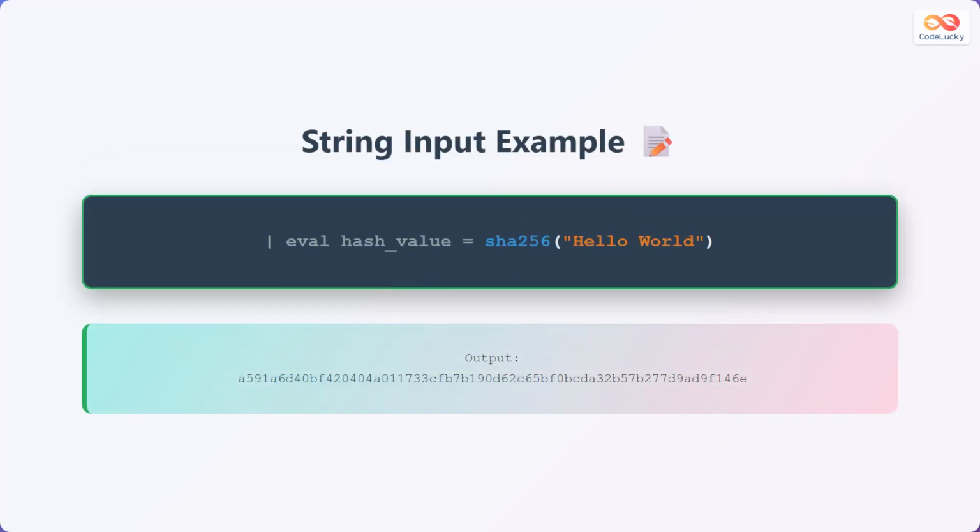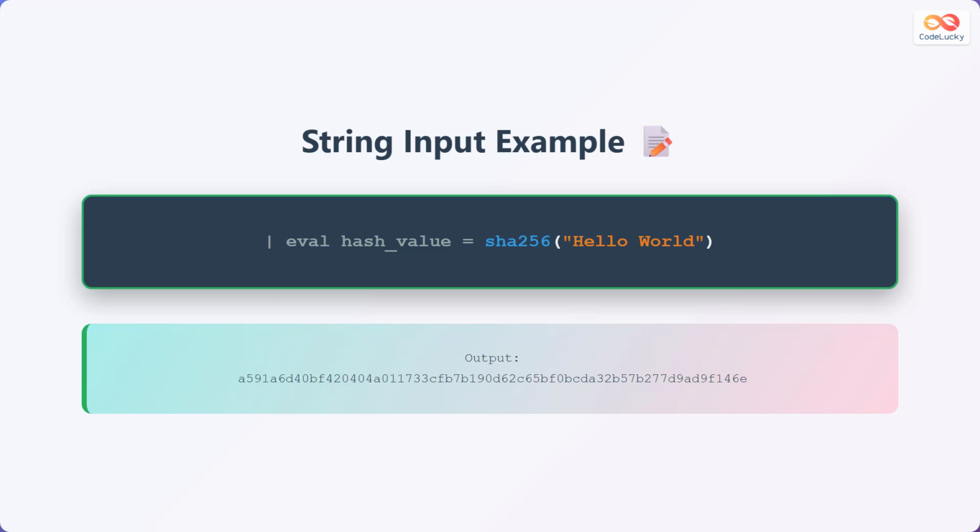Here's a practical example of hashing a string literal using the SHA256 command. When we use the eval command to create a new field called hash_value and apply SHA256 to the string "hello world", Splunk processes this input and generates a unique hash.